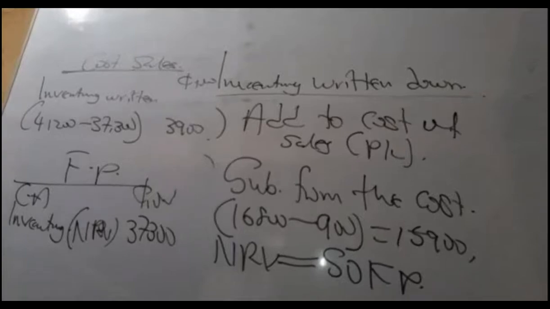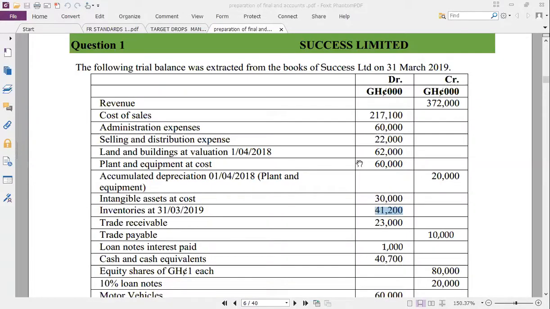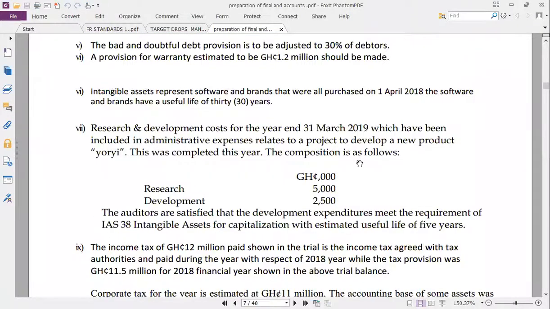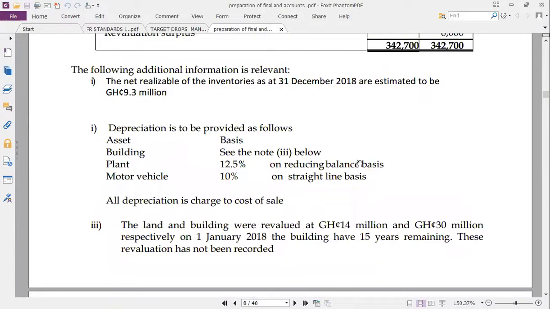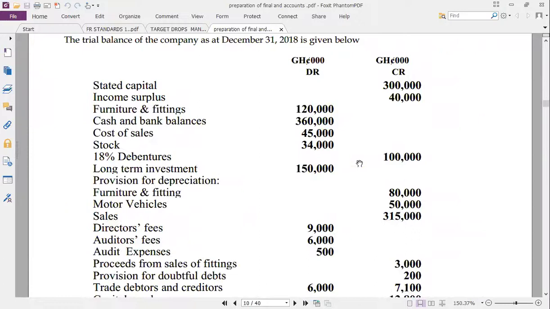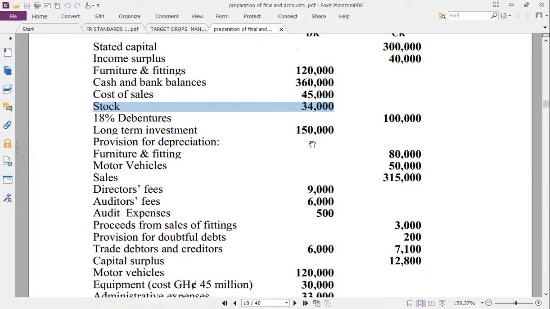So now you will try Ubuntu for me. That's question number 3. Ubuntu. So if you go to Ubuntu 2, question 3, down to the cost of sales, the inventory was named as stocks. So the stocks is 34,000. That's the cost of the closing inventory.